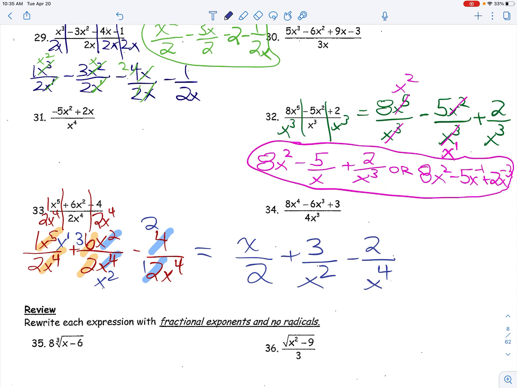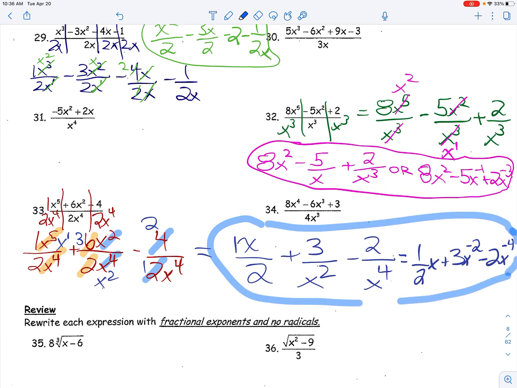Once again, you want to move the x^4 and the x^2 up. Let's do that if you want. You want to pull out this coefficient of a half. Doesn't matter to me, to be honest with you. So, if you want to write it as 1/2 x plus 3x to the negative second minus 2x to the negative 4th, and you want to tidy it up a little bit, that's fine as well.